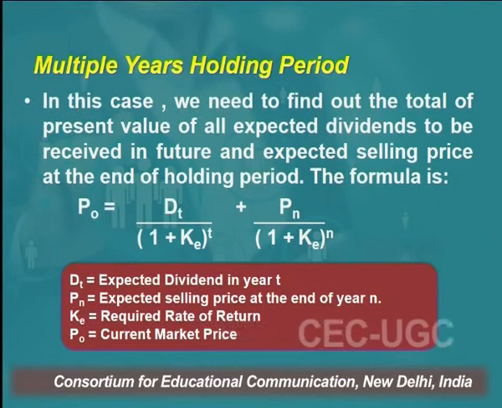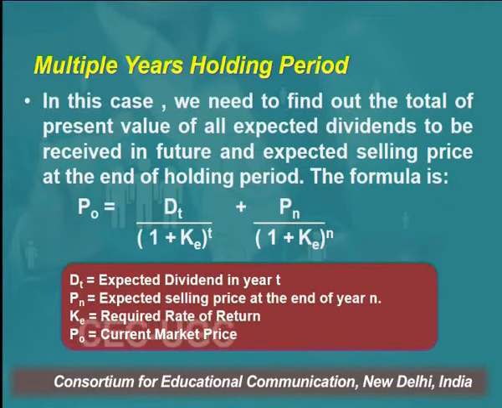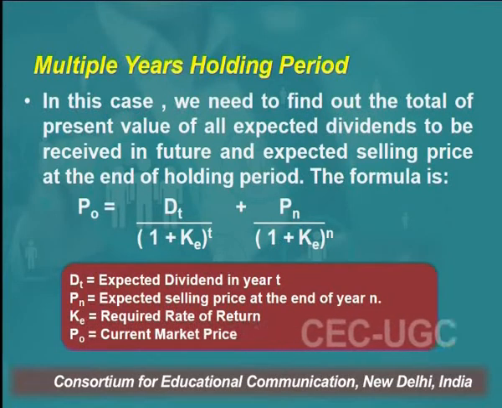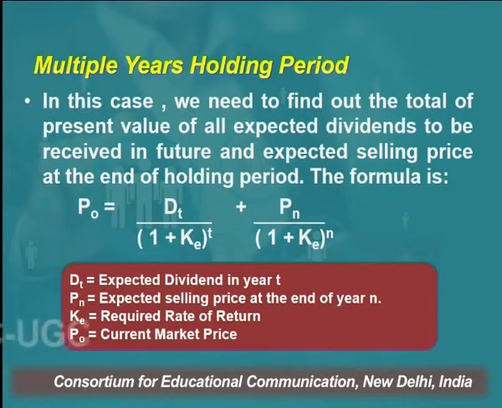Supposing a shareholder is holding for 5 years, so dividend in the first year, second year, third year, fourth year, fifth year, up to the period t, right, divided by 1 plus Ke. Ke is the cost of equity. Cost of equity means, when you are buying the share, what is the minimum return which you are expecting, the required rate of return. What is the return which the investor is expecting to get from that investment?